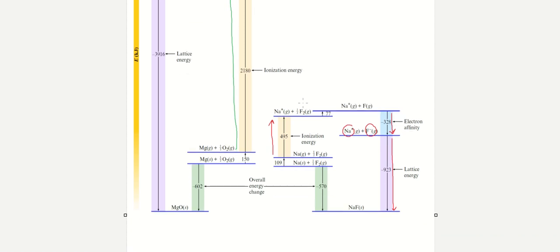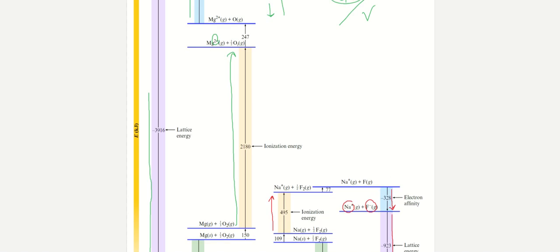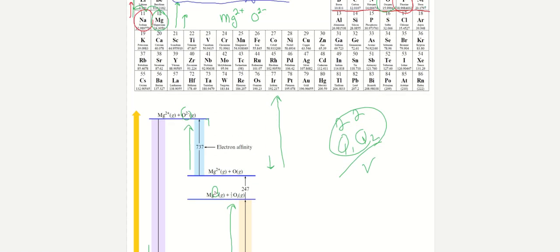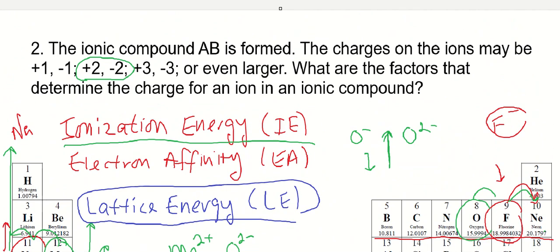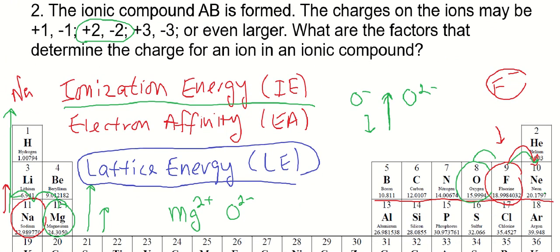It's exothermic, almost 4,000 kilojoules of energy lost by the system, and that's going to make it so much more stable. So that's energetically favorable. That's why magnesium oxide, the ionic compound, is made up of 2 positive and 2 negative ions.